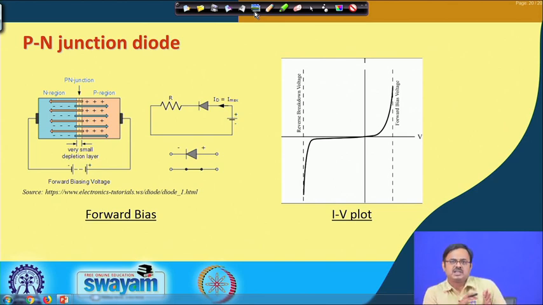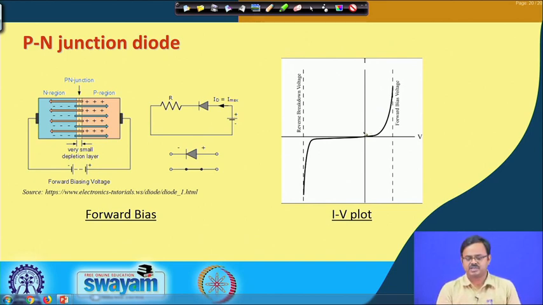So we have now discussed what is forward bias, and we also discussed reverse bias in the previous slide. Now what happens as I keep on increasing the voltage, whether forward or reverse, if I measure the current across this p-n junction?